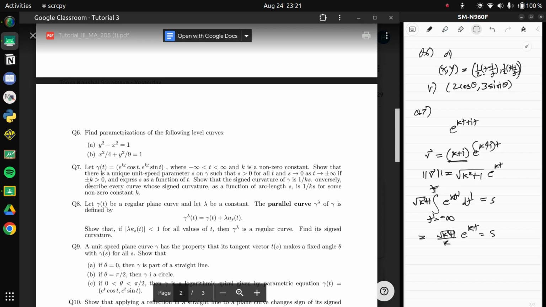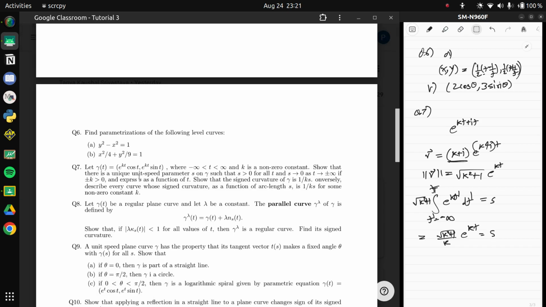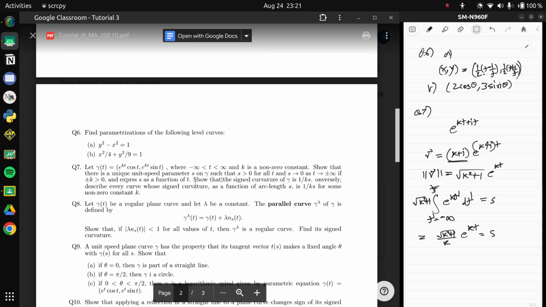Moreover, you want s to be bigger than 0 all the time. Clearly it's just the arc length. Well, you can't have the arc length being measured from t equal to infinity. That doesn't make sense. So it has to be from negative infinity. That's the only alternative for it to be positive at all times. I'm sure this thing is just opposite of what it should be over here.